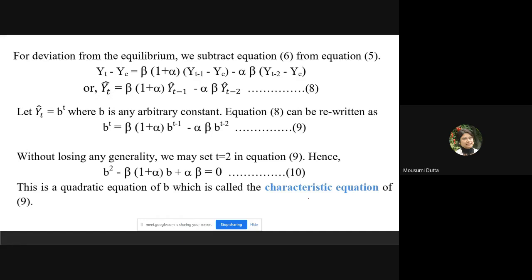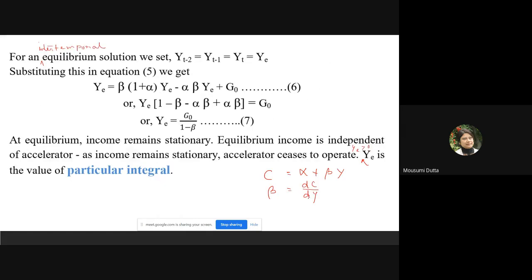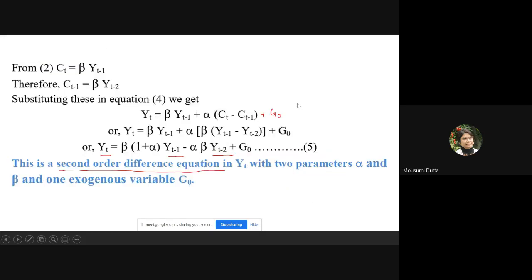Now, first what I am considering is the deviation of the present value of income from the equilibrium values. So I'm subtracting equation 6 from equation 5. What is equation number 6? Everything in terms of YE. And equation 5 is the same equation in terms of YT minus 1, YT minus 2.